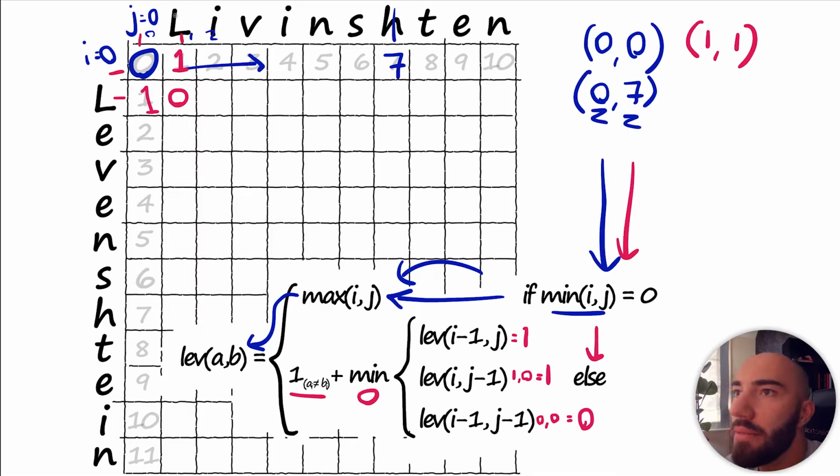So up here, something I didn't explain, but A is this word and B is the other word. So at A i we have L, and at B j we have L. Are both of those the same? Yes, they are. So that means we don't need to add the 1. Okay, so then that means that our value here is equal to 0.